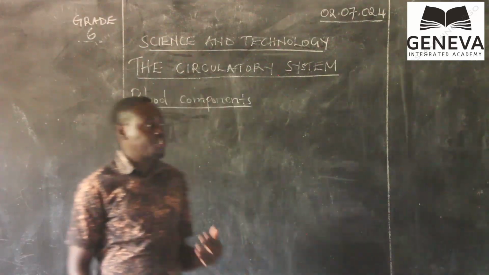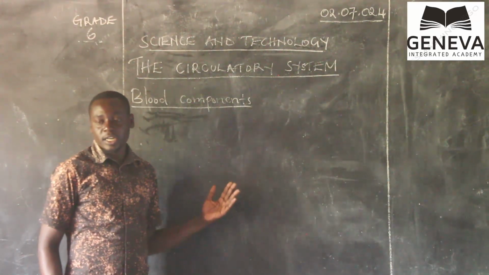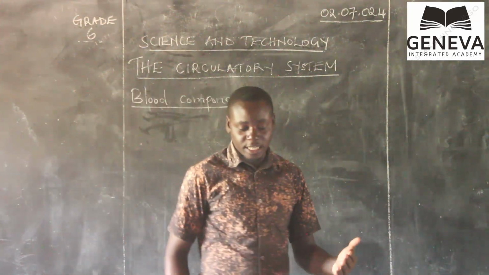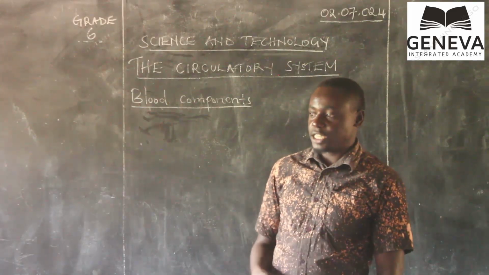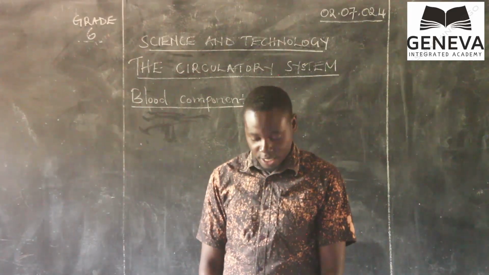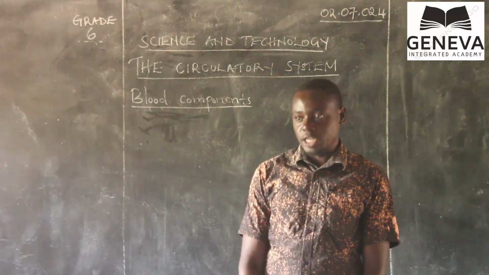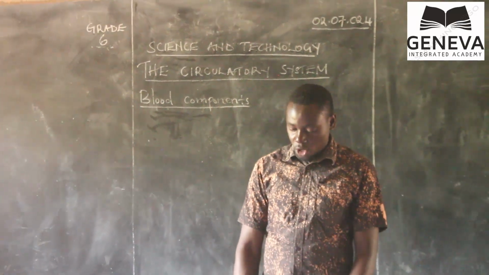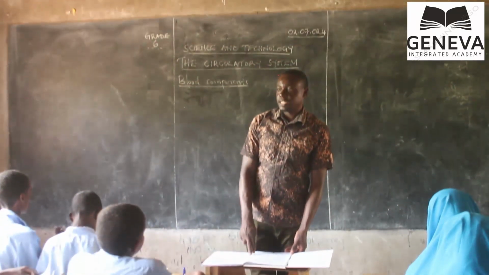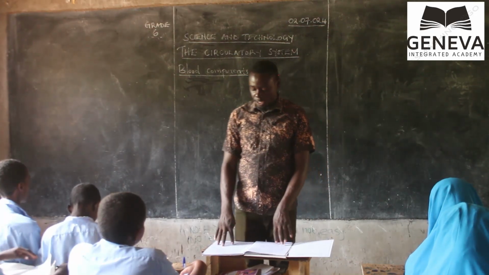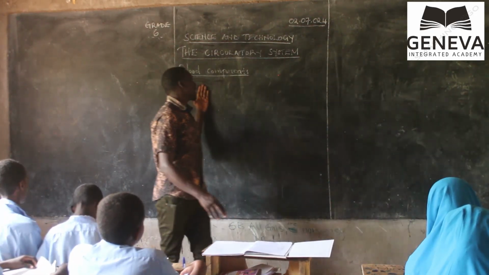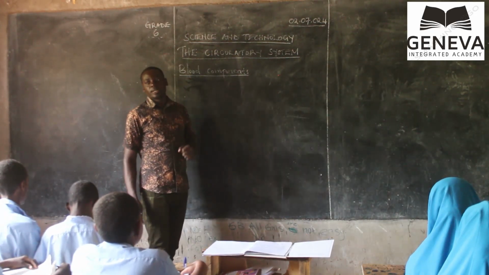We also looked at the shape of the veins, arteries, and capillaries, the smallest blood vessel. Now, today, without wasting time, I want us to look at blood components.